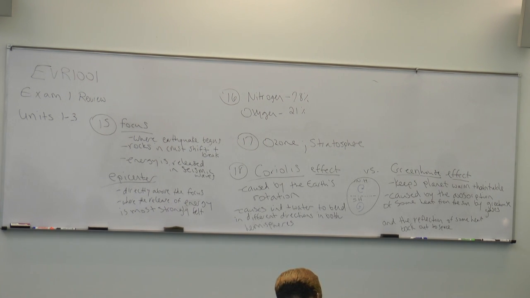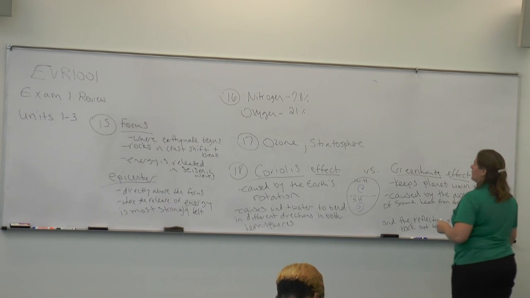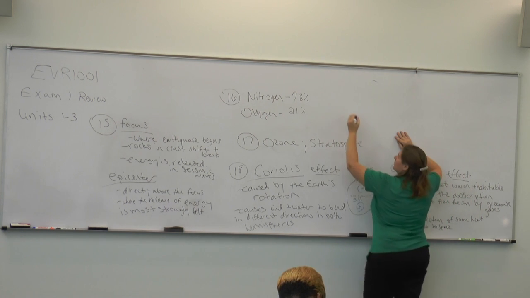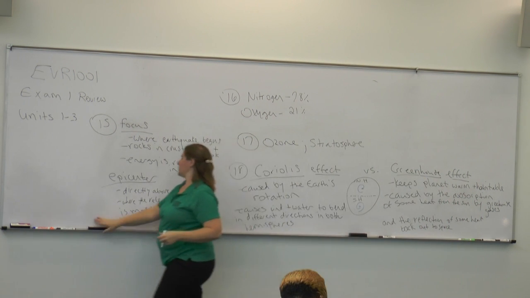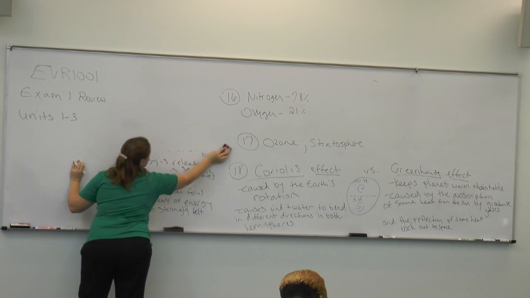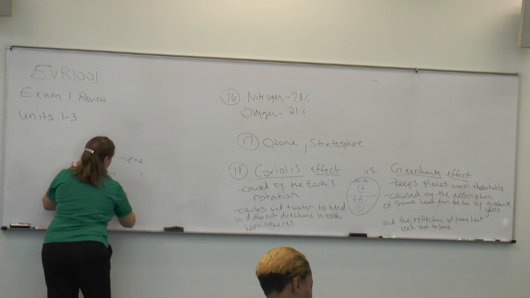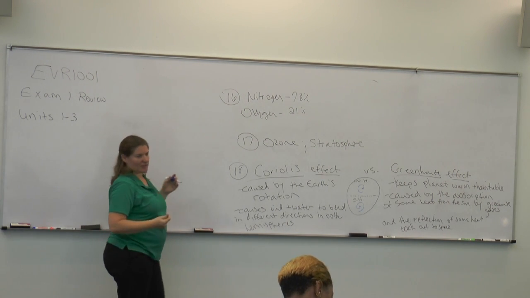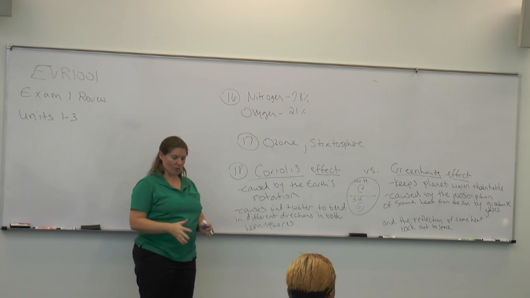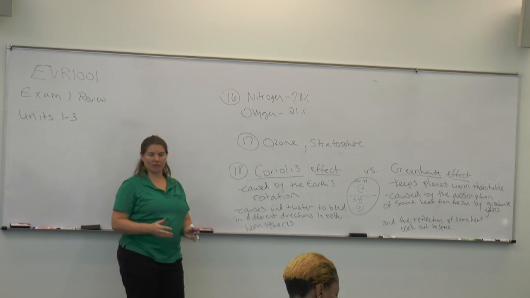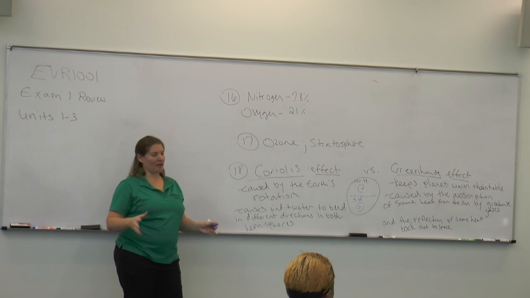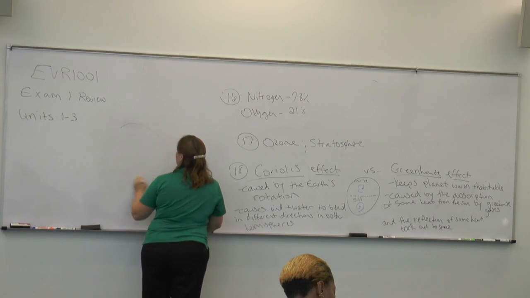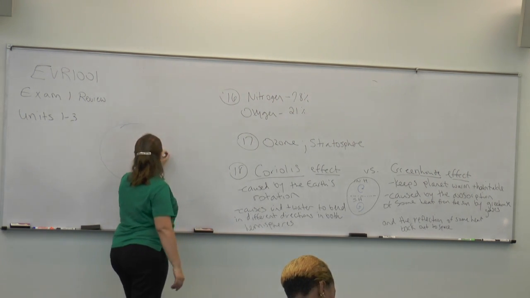So number 19, how does temperature drive the circulation of the Earth's oceans? It's all about convection, just like when we talked about how the material within the Earth moves by convection. You have a process of heating and cooling. In the ocean, this is the equator.